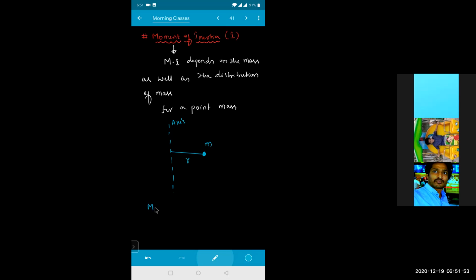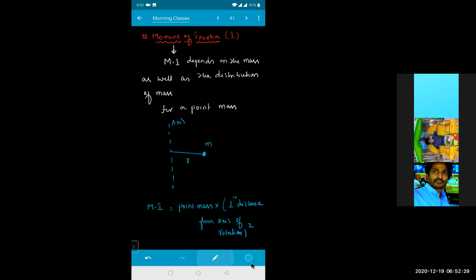So moment of inertia is nothing but that point mass into the perpendicular distance from the axis of rotation whole square.